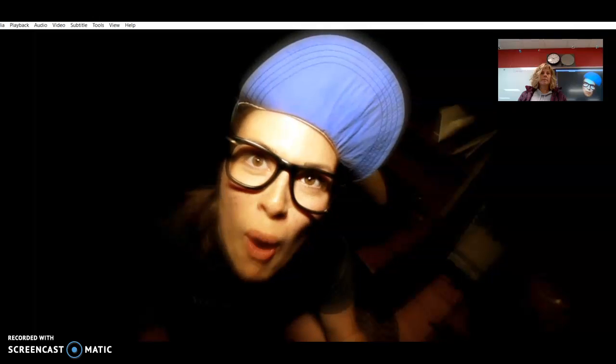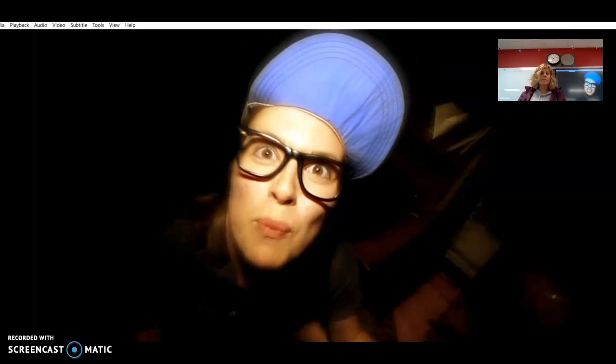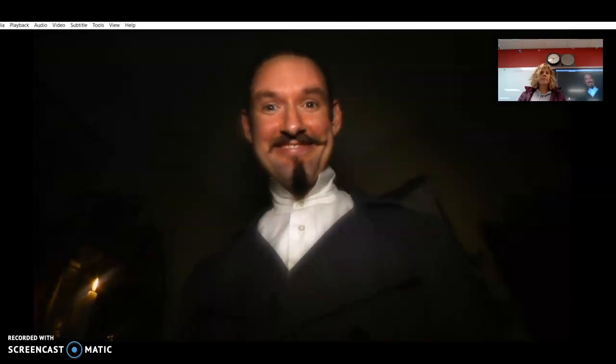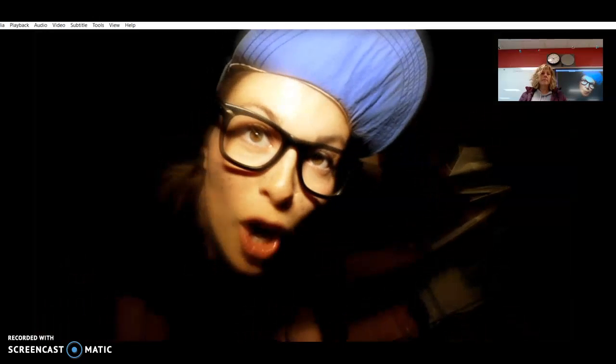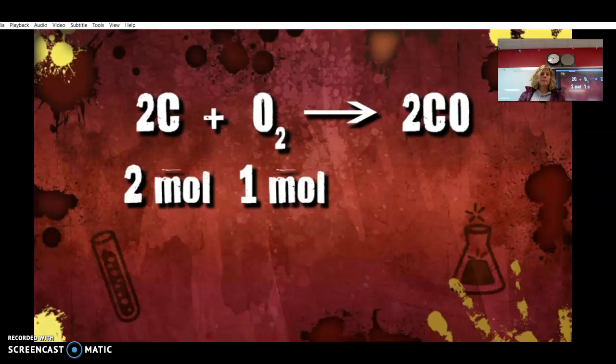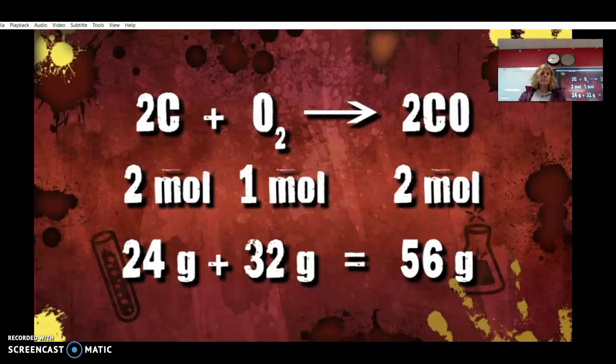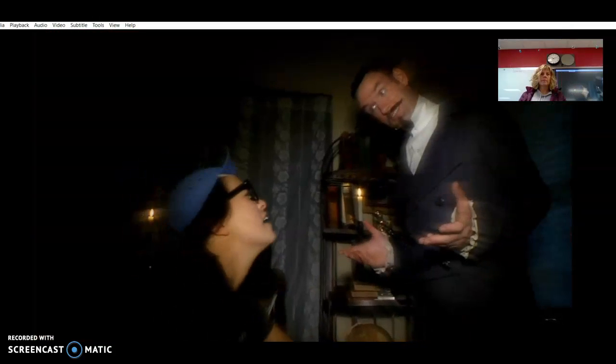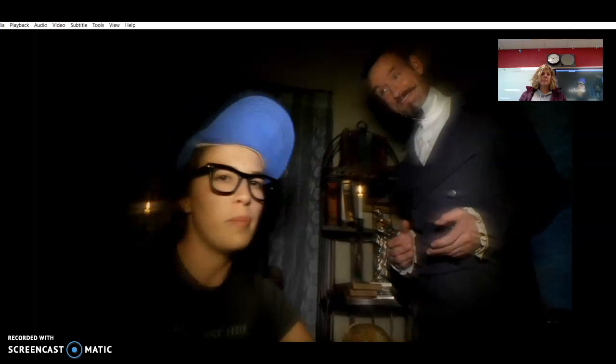So if you know about the mole, you can predict what will happen in a reaction. And that means you will know how much carbon monoxide you get if you combine, say, 2 moles of carbon with 1 mole of oxygen molecules. 56 grams. Cha-ching! So what? So that would be totally important.